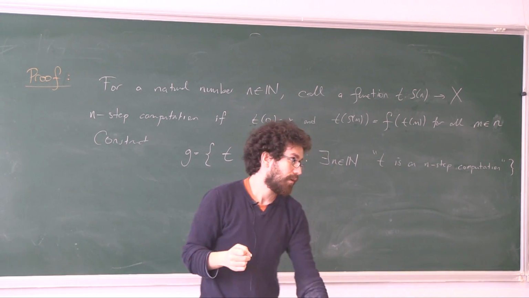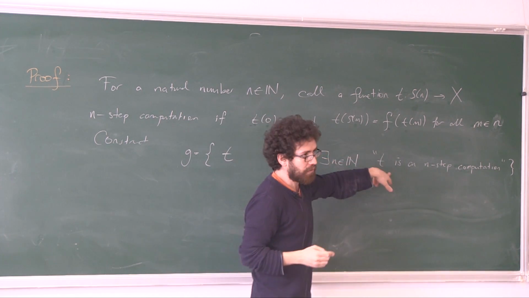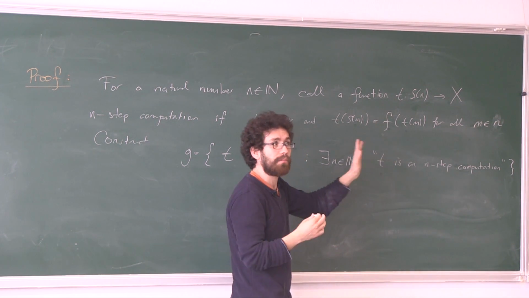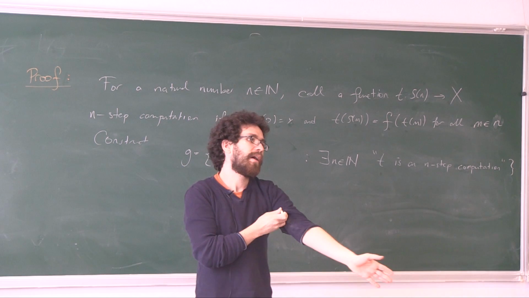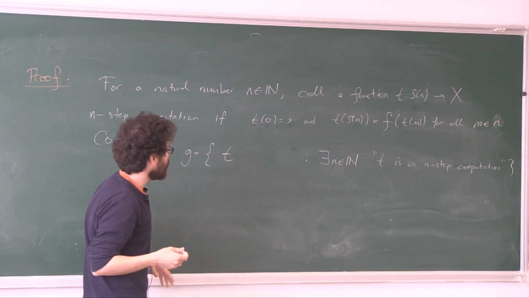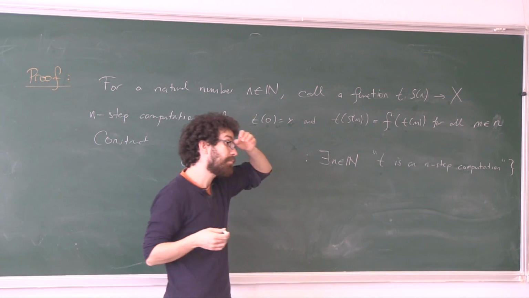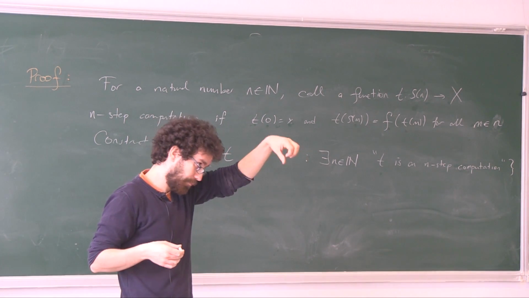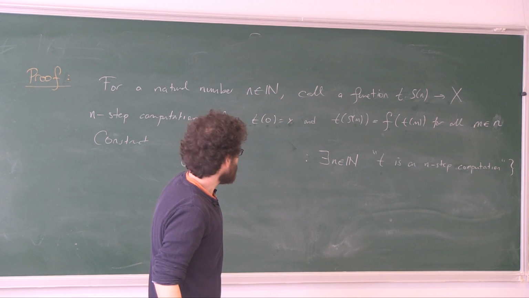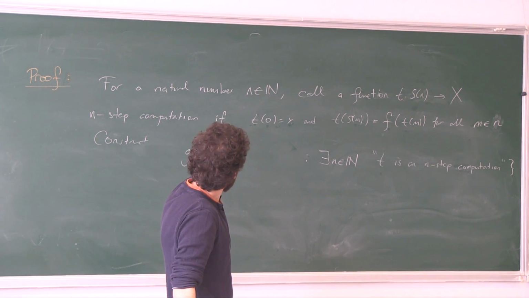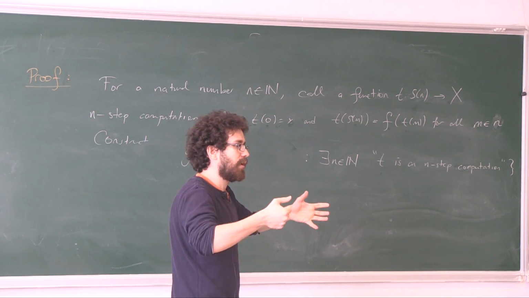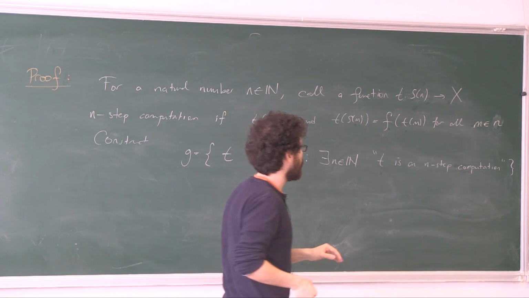Now, I can write this whole property over here if you want. It can be written with a formula in the language of set theory. The point is, I want to apply the axiom of separation. So I write down a property. In order to apply the axiom of separation, I need to choose my sets from a fixed single set. Now, what I want to do is take all the n-step computations together. I want to put all the n-step computations somewhere.